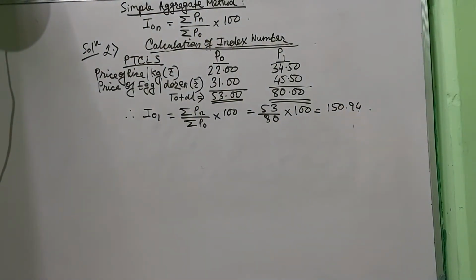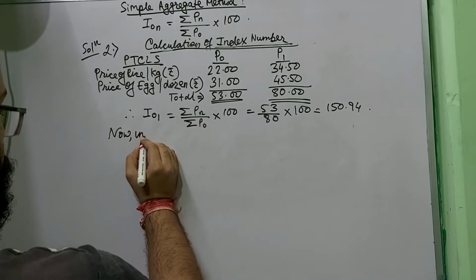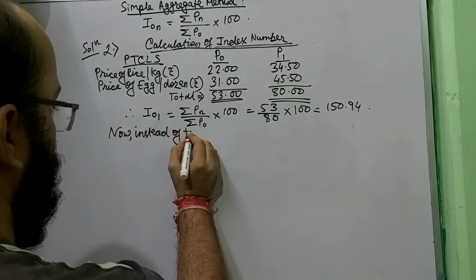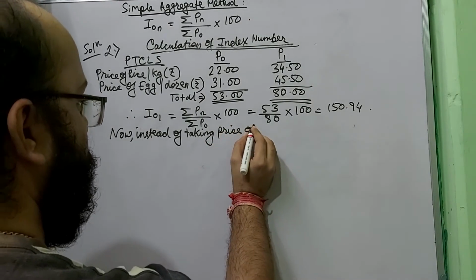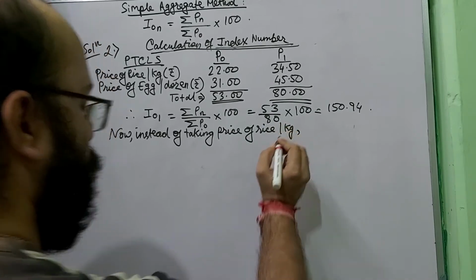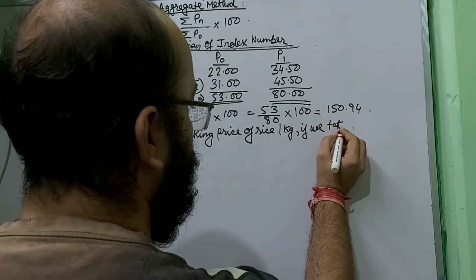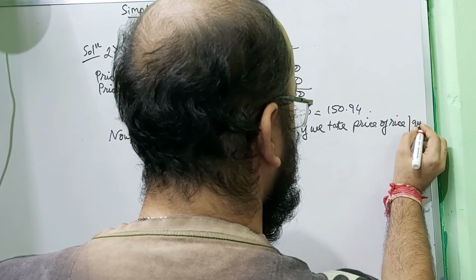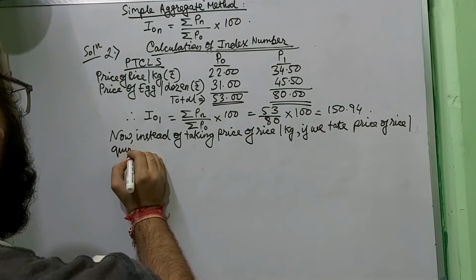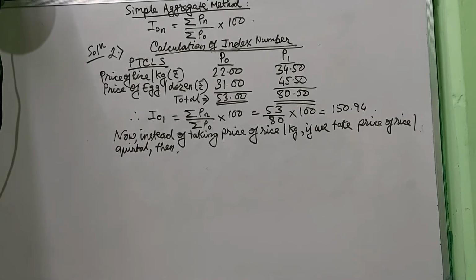But suppose I consider price of rice per quintal instead of price of rice per kg, then how will it change? One quintal is equal to 100 kg.